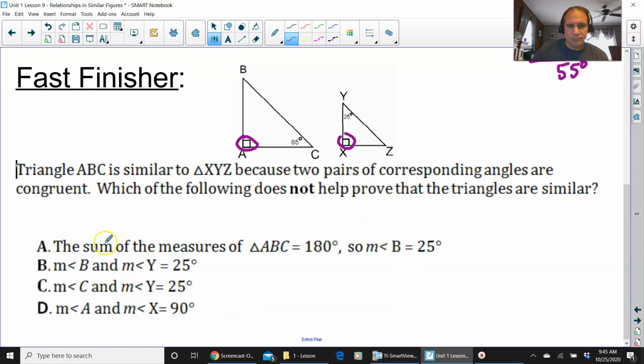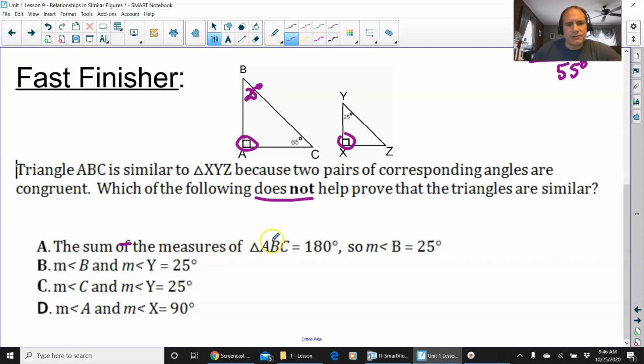That would help prove that the triangles are similar. So if this was 25, that would help prove it. They're asking which one does not help prove the triangles are similar.